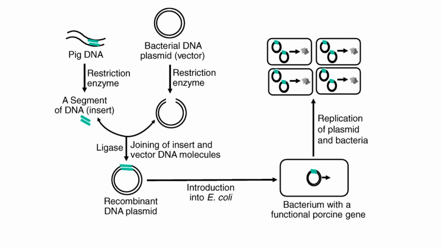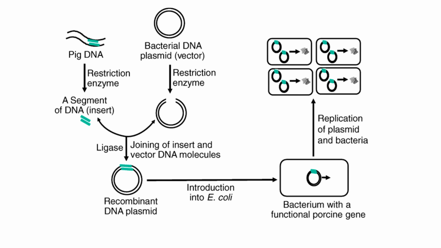This is the pig DNA. We allowed the restriction enzymes. We isolated the desired segment of DNA. We inserted the desired segment of DNA into the plasmid, that is the vector, and in the presence of the enzyme ligase, there is formation of a recombinant DNA plasmid, and the recombinant DNA plasmid is introduced into the host cell.